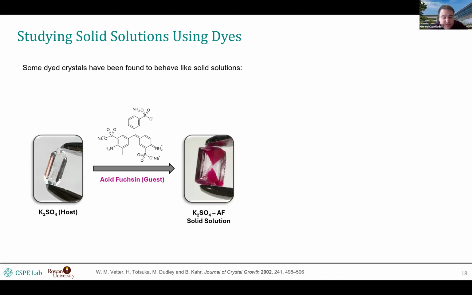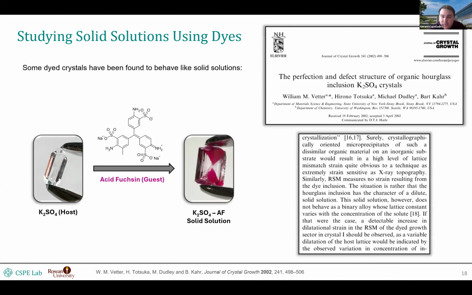If you mix it with acid fuchsin, you would initially think that a very large molecule like this is not going to fit into the potassium sulfate lattice, but it actually fits fairly well, and in a fairly substitutional manner, right? That's the interesting thing. If you were trying to measure the impurity content based on, let's say, HPLC, you would not be able to find it unless you were really looking for it, right? But it's miscible. It's there at ppm levels, but it is there, and it has some effects, including on morphology, right?